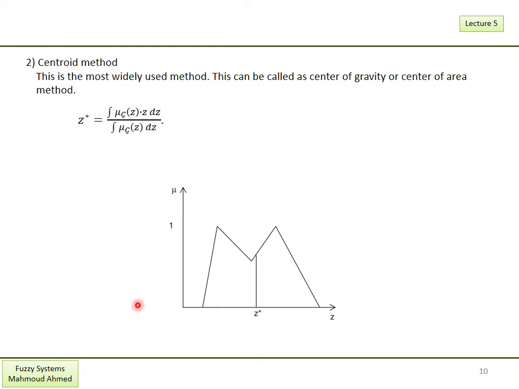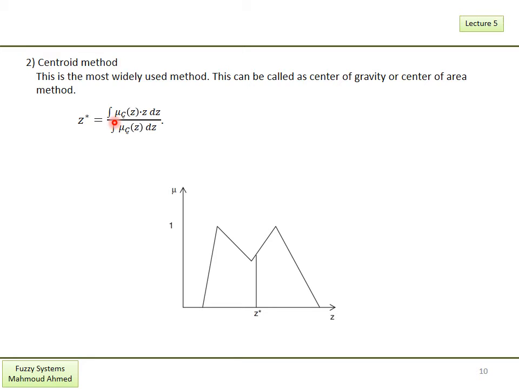The second method is called the centroid method. This is the most widely used method and can also be called the center of gravity or center of area method. This can be calculated using the integration of the fuzzy membership function.